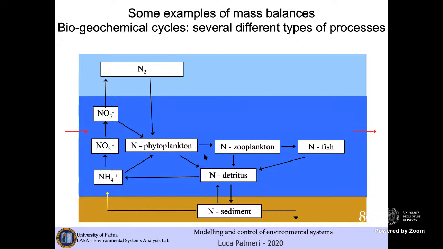Biogeochemical cycles involve several different types of processes. Let us start, as customary, by giving an example of limnology. So we look at a lake. In a lake, you have a water body, the water column, and you have sediments. I recall you that sediments play a key role in the biogeochemical cycle.